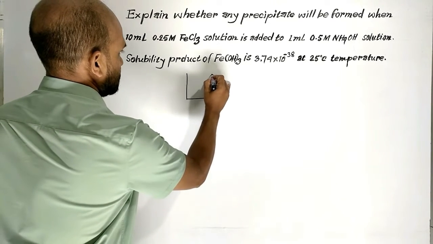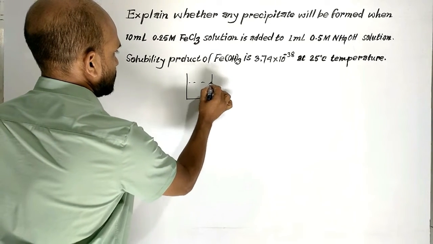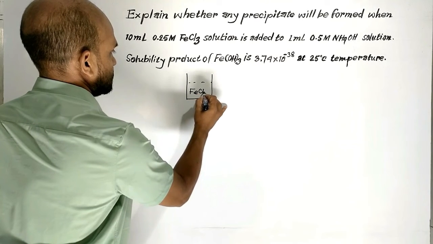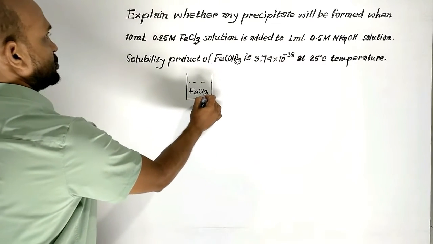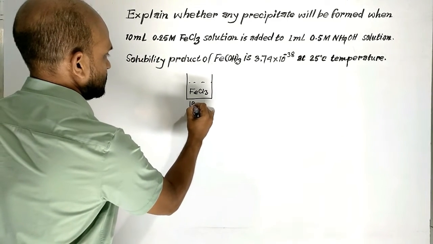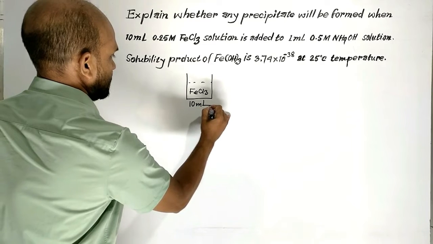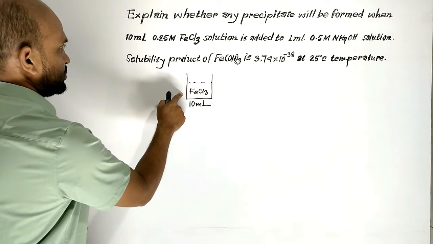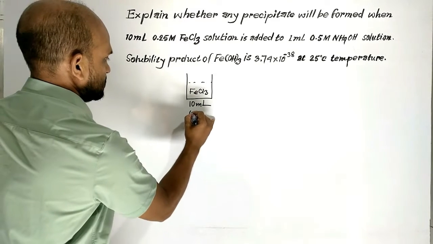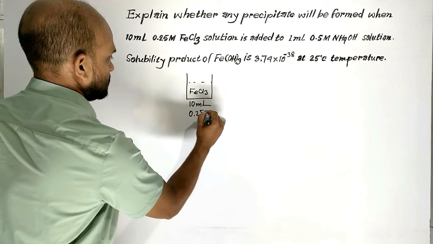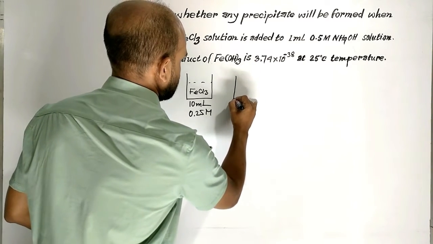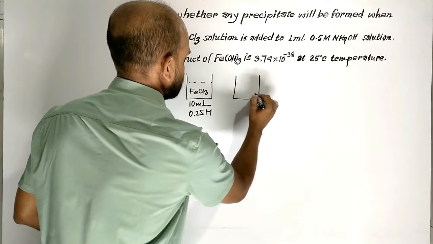Suppose this is a solution of ferric chloride. Its volume is 10 milliliter and the strength of this solution is 0.25 molar. Another solution is this.